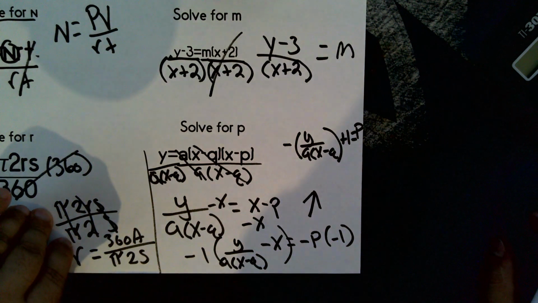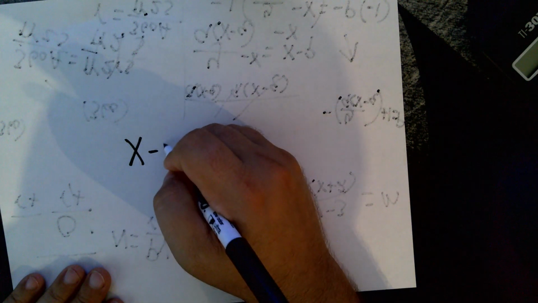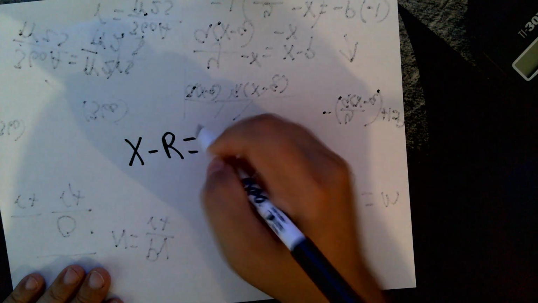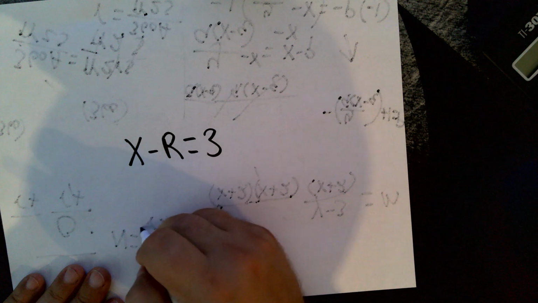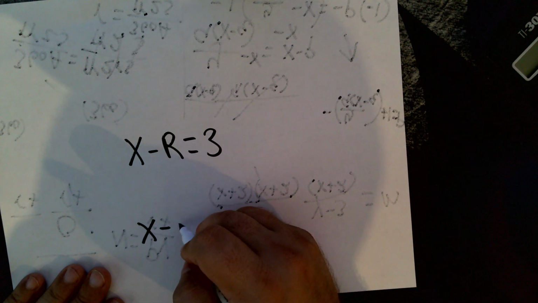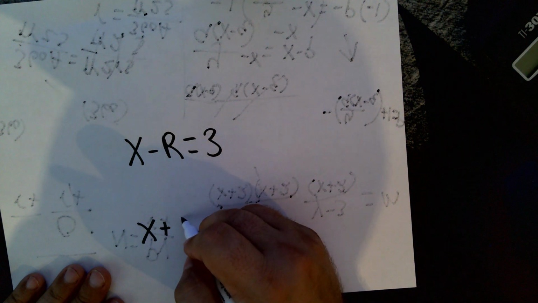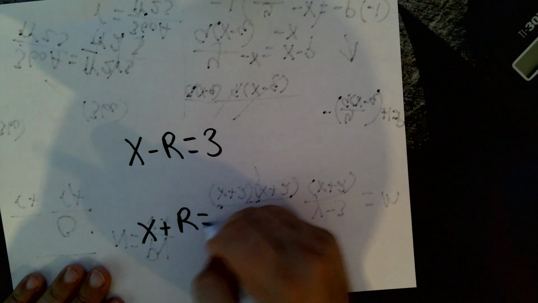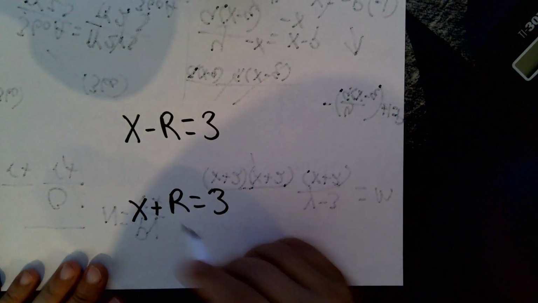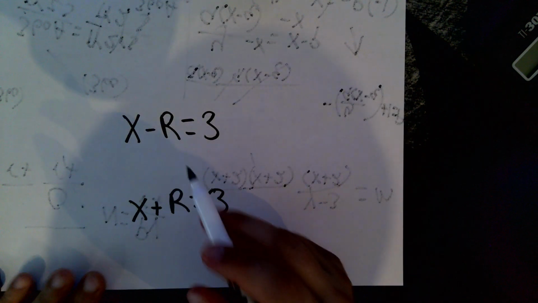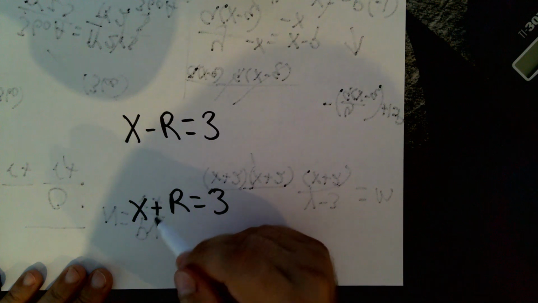And I'll just show you a couple more real quick on the back side. Okay, if you want to solve for x for both of these, you just do the inverse operation.